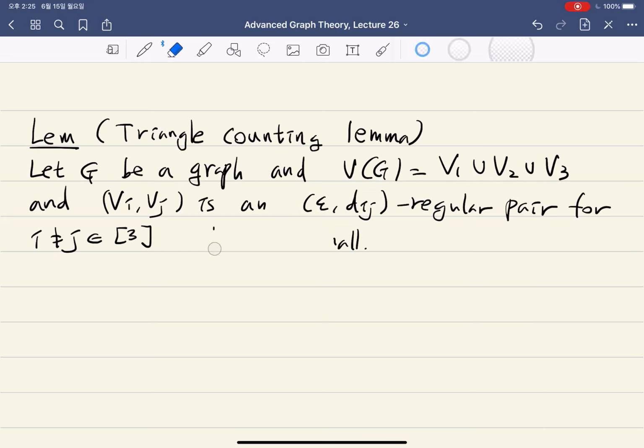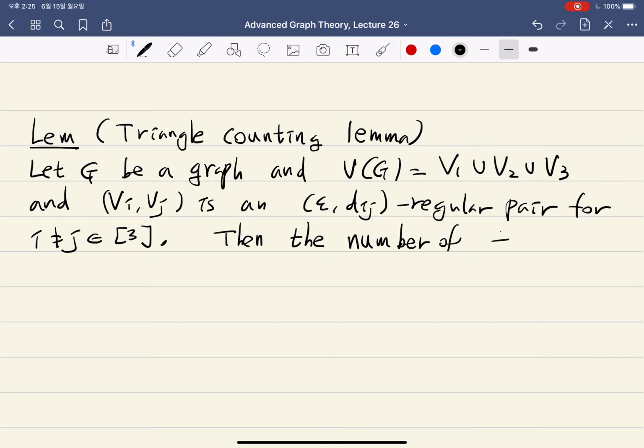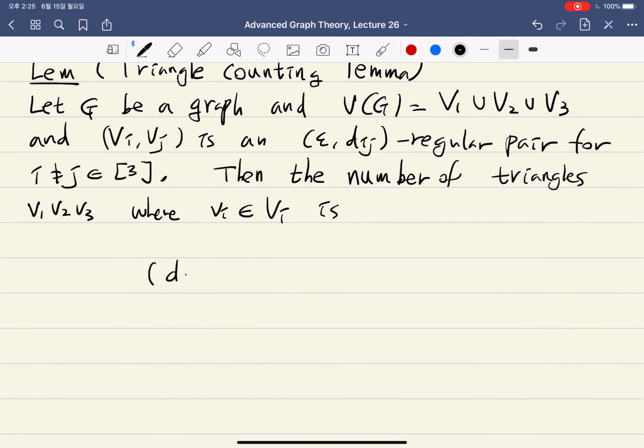We don't even need epsilon being small here for our statement. Then what we can prove is that the number of triangles P1, P2, P3, where Pi is inside of the capital Pi, is roughly as expected.